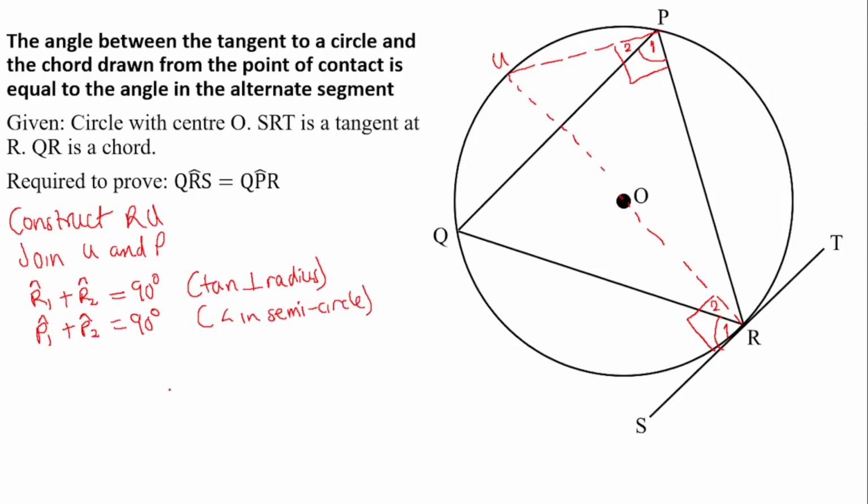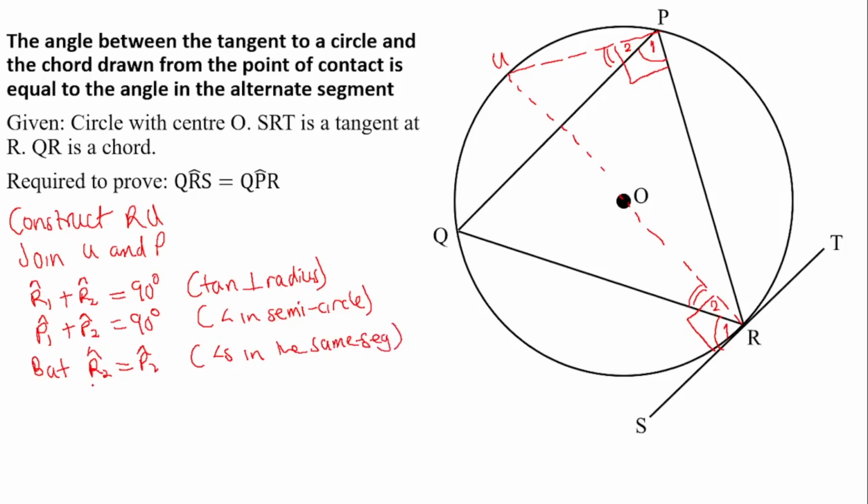But angle R2 is equal to angle P2. What's the reason? Angles in the same segment.